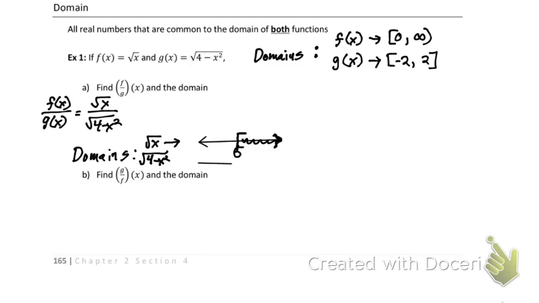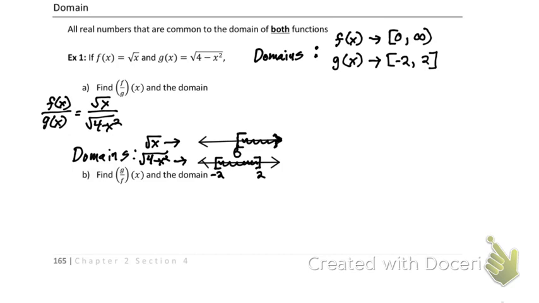So a graph of that would look something like this, where we go from negative 2 all the way to 2, and we fill all that in.